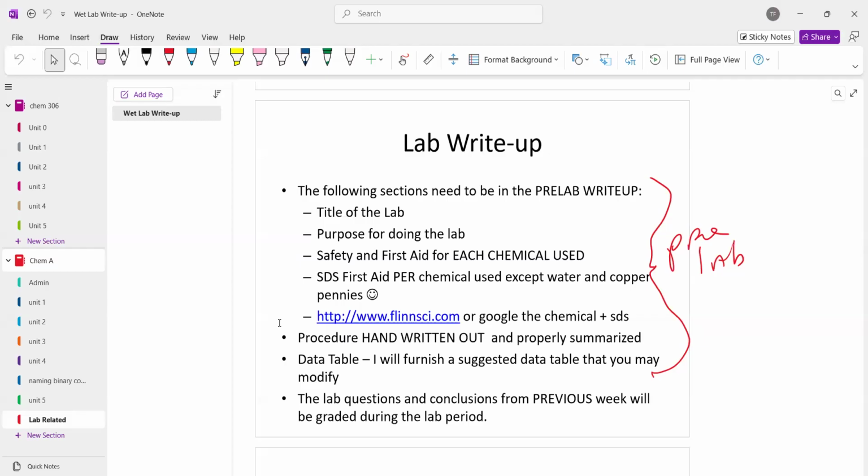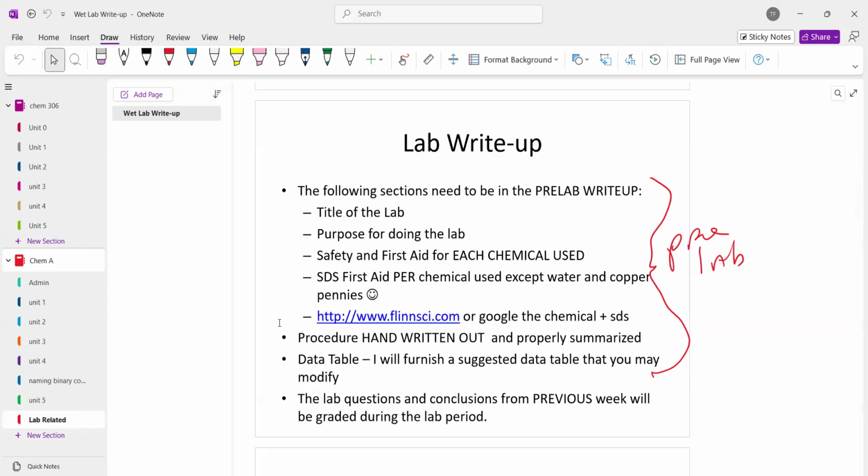Safety and first aid. Now, the first two labs we're using water and salt. The first lab is water only, just pretty safe. Problem with water is if you don't get enough of it, you'll die. If you get too much, you'll drown. Too much, you'll die also, yes. Very fine line. Since we're not using a dangerous chemical on the first two labs, the second lab we use sand and salt and water.